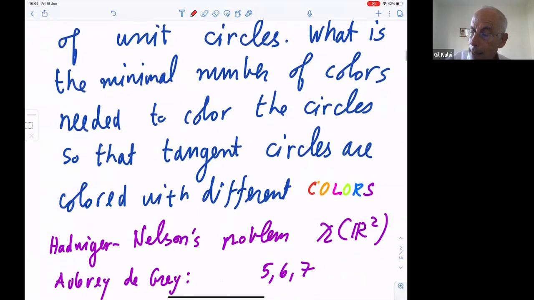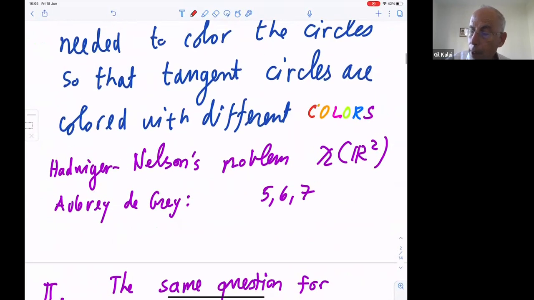And recently, a few years ago, Aubrey de Grey showed that the answer can be either 5, 6, or 7. It was known before that the answer is between 4 and 7, and he found an example of a unit distance graph that requires more than 4 colors.